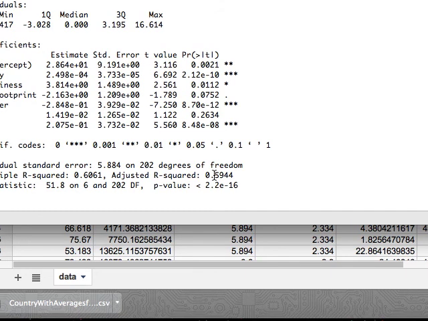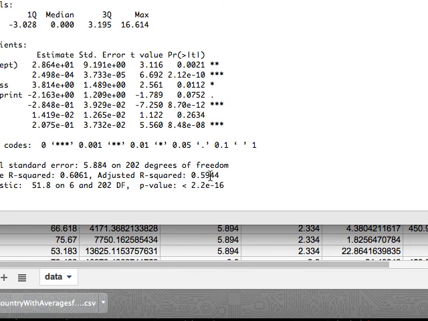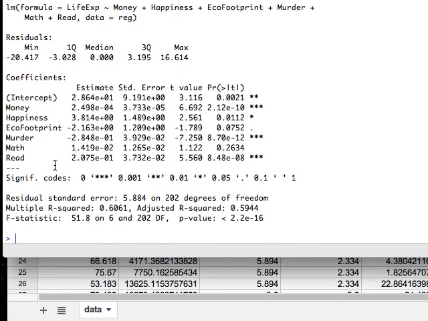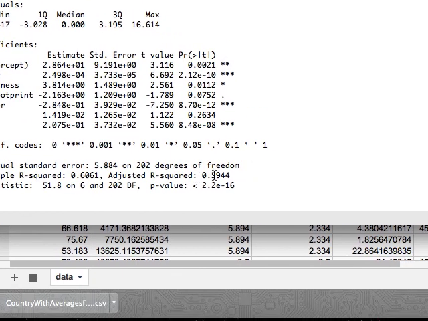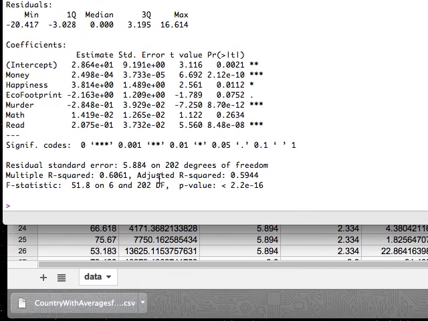So we can explain 60% of the differences in life expectancy with all of our predictors that we put in. So there's still other things that affect life expectancy that we don't have, and we don't know.